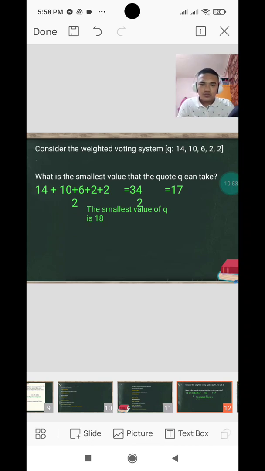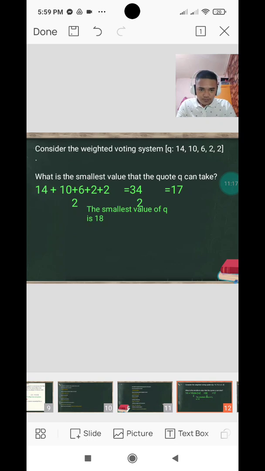We have 34 here, the total. Divide 34 by 2 equals 17. Right there, 17. The smallest value of quota is 18.